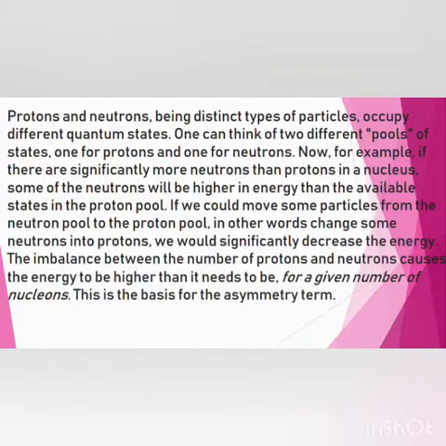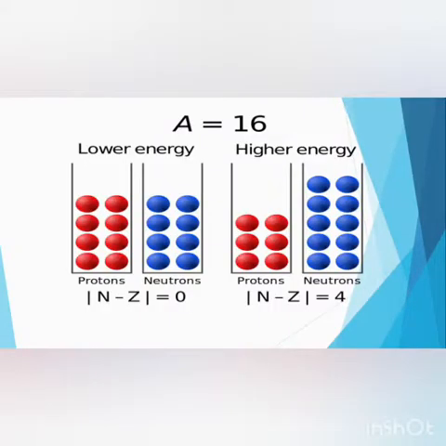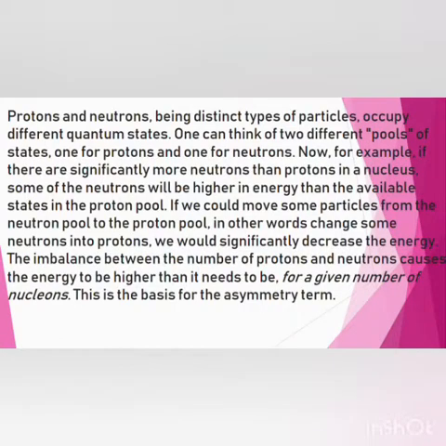If we could move some particles from the neutron pool to the proton pool, in other words change some neutrons into protons, we would significantly decrease the energy. The imbalance between the number of protons and neutrons causes the energy to be higher than it needs to be. For a given number of nucleons, this is the basis for the asymmetry term.